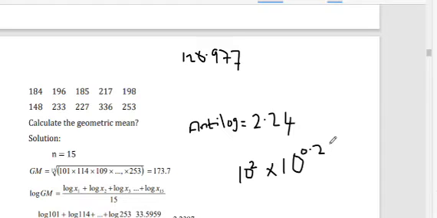You can find the anti-log like this if you don't have a calculator that can give you an anti-log, because this is the same as 2 plus 0.24. So 10 raised to power 2 is 100 times, so just go to your calculator and press 10 raised to power 0.24.